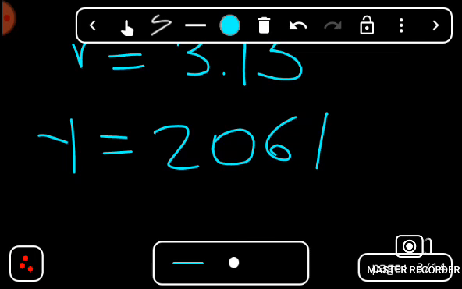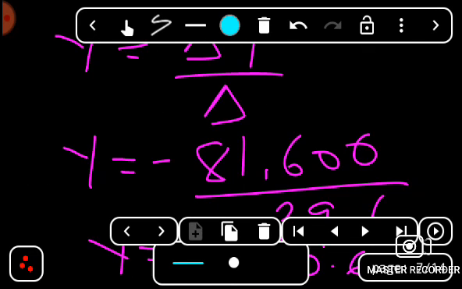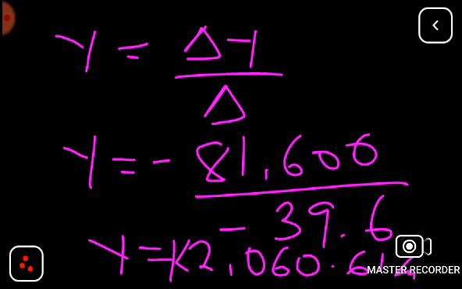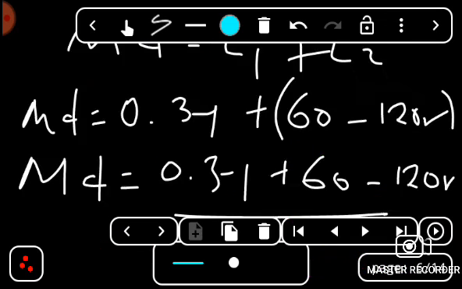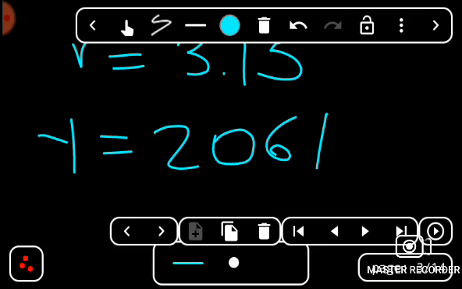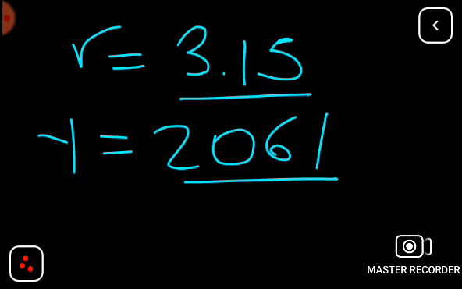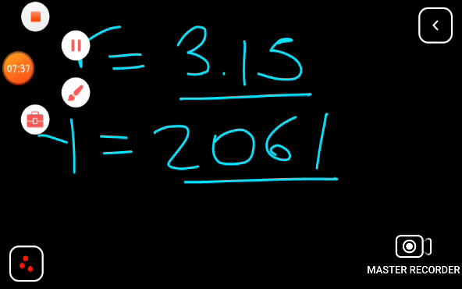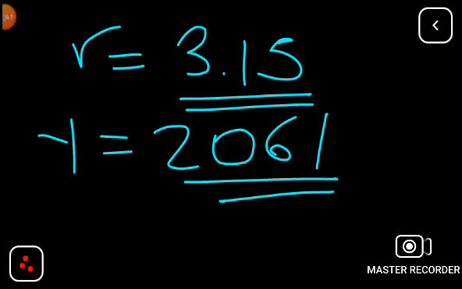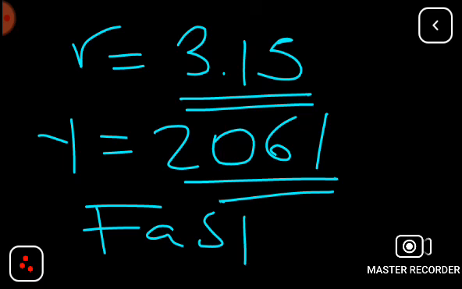Let me check through my income again. Yeah, 2061. So these become my answers, and this is how you find your answers in national income faster. Use Cramer's rule. If you want to find your answers faster, use Cramer's rule.